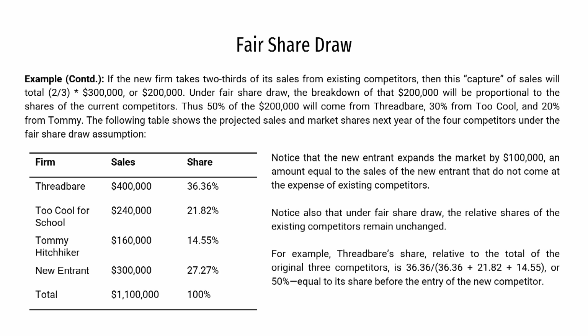Under this fair share draw, the breakdown for that 200,000 will be proportional to the shares of the current competitors. Thus, 50% of the 200,000 will come from Threadbare, 30% from Too Cool for School and 20% from Tommy Hitchhiker.